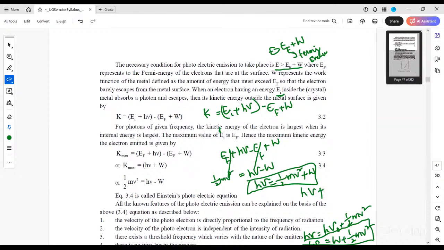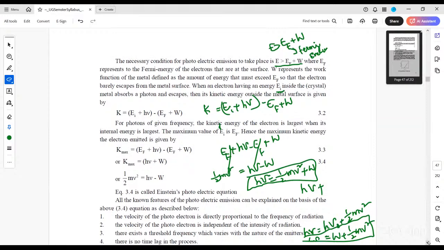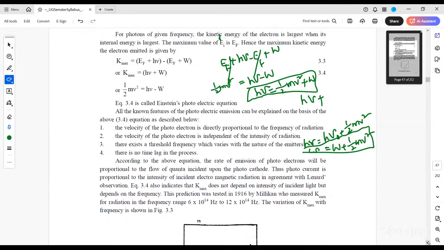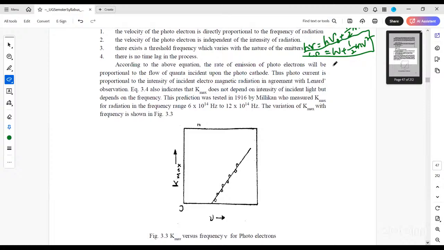Based on this, it depends on certain factors. See here, what is the formula? h nu equals h nu naught plus half m v square.